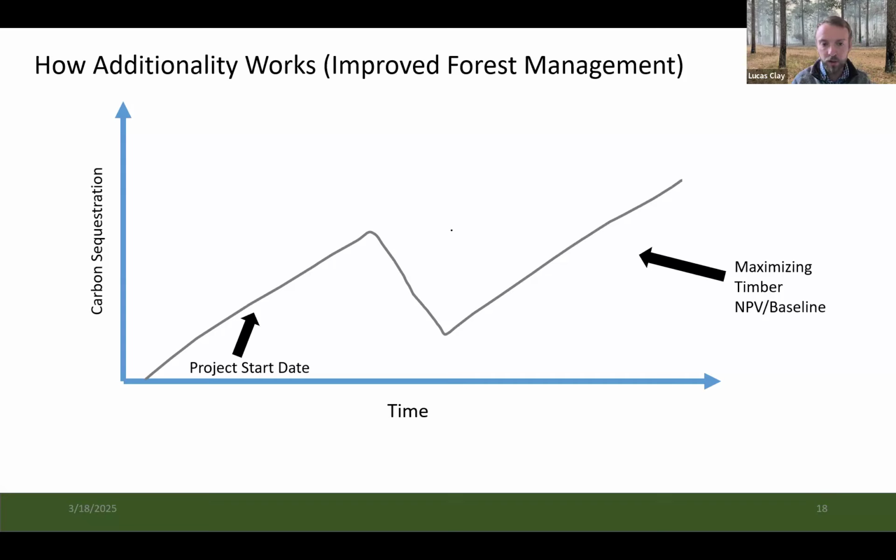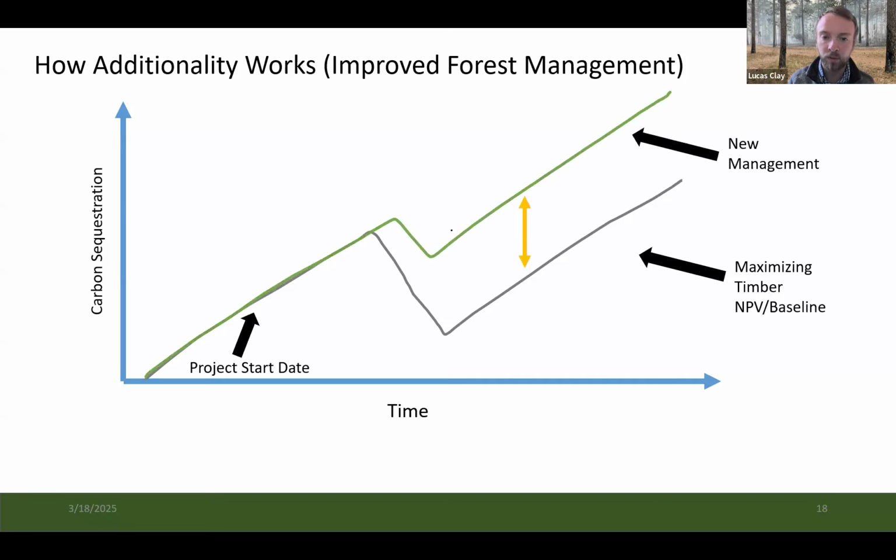If we're going to change something in terms of having a new project management, we might do something like this with the green line. And the green line shows us that, right there where we would have harvested, we may actually extend this rotation a little bit more, and then we might not harvest as much. So we can see there's an extension of the rotation here, and then a decline in harvesting.